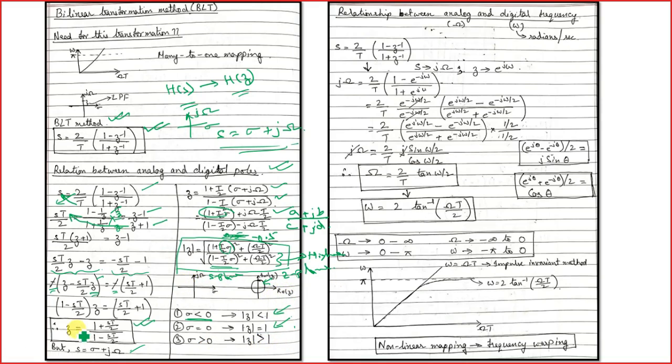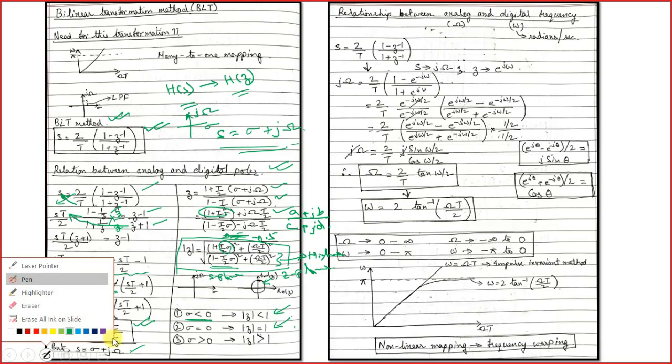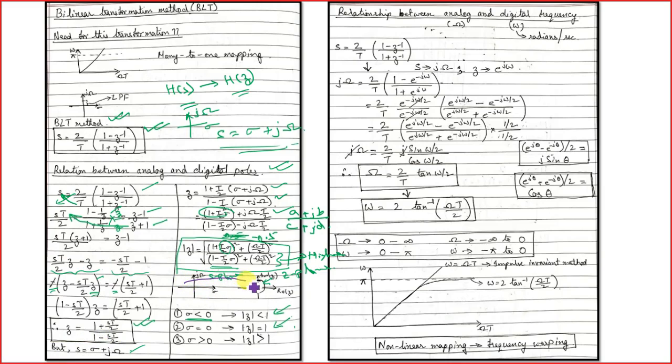So if we map it from here, left plane to inside the unit circle, the frequency axis to on the unit circle, and right plane to outside of the unit circle. Okay, so this also meets the stability criteria for the designing of the filters.